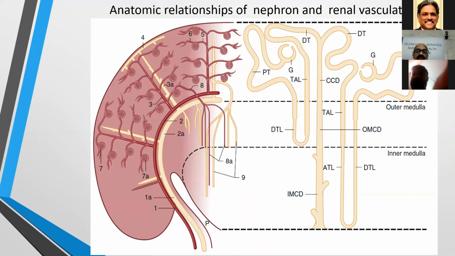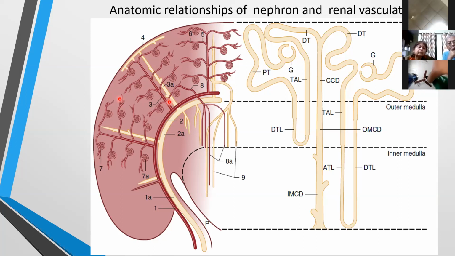This slide shows the anatomic relationship of the nephron and the renal vasculature. Here, the renal arteries, when they enter the kidney, divide into interlobar arteries. This red structure is the interlobar arteries, which becomes the arcuate artery, which divides again into interlobular arteries.